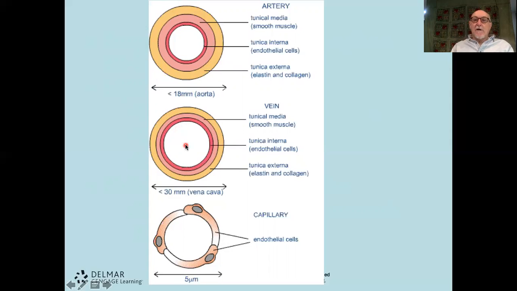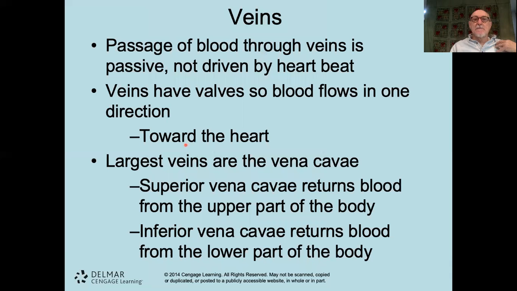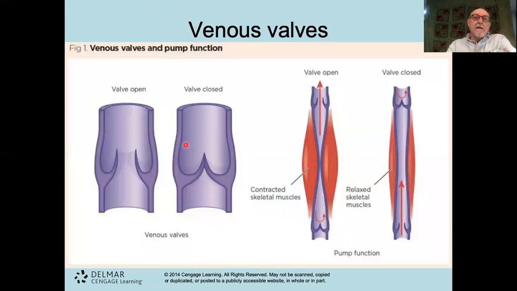Now we have to ask the question, well, if there's no pressure from the heart driving the blood through the veins, how on earth does the blood circulate? Because surely it would just pool up in the veins and stay still. Well, the answer is that throughout the veins, there is a feature which does not occur in the arteries, and that is that there are valves.